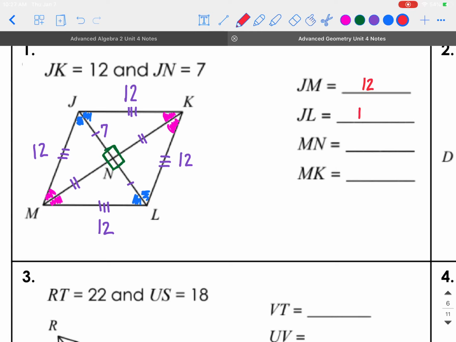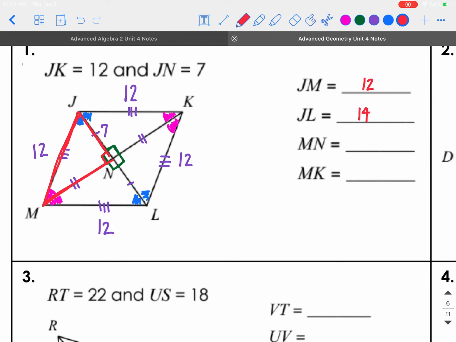JL, that one would be 14. MN, this one is not 7. In a rhombus, not all the diagonals are the same, just the ones that we marked. But we do have a 90-degree angle.